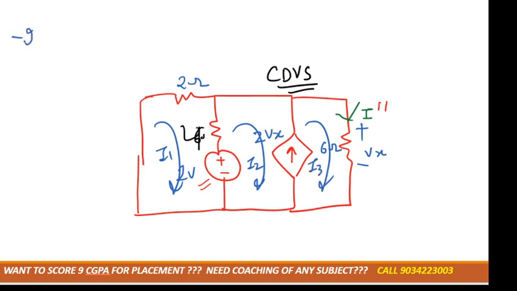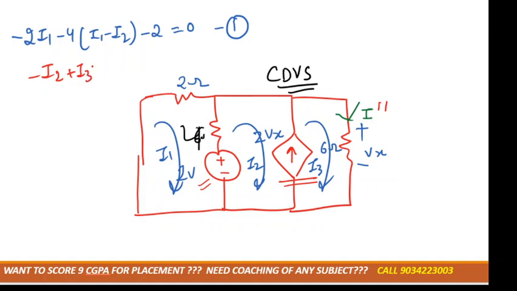So I1 is how much? Minus 2I1 minus 4I1 minus I2 minus 2 is equal to 0. This is our first equation. Second equation again we can make from the current source, that is minus I2 plus I3 is equal to 2Vx, right?